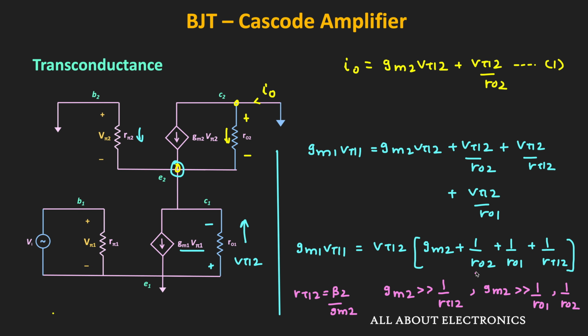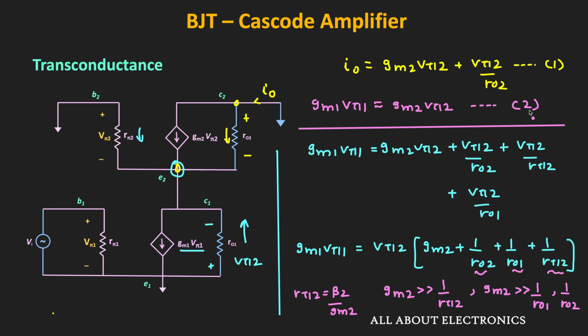That means here we can neglect these three terms, and by neglecting them we can write Gm1 times Vpi1 is equal to Gm2 times Vpi2. Let's say this is equation number 2.